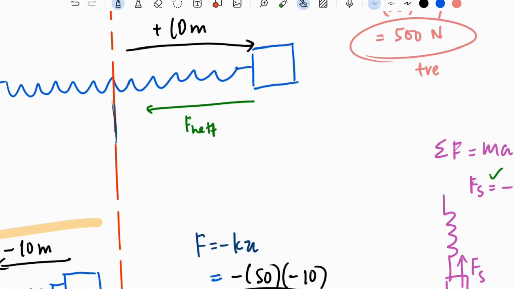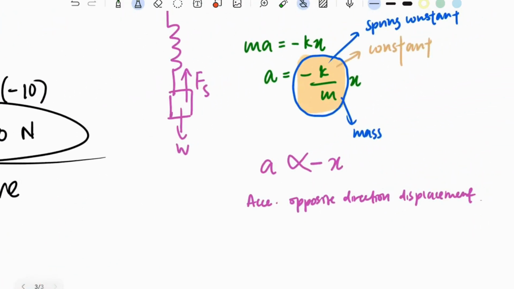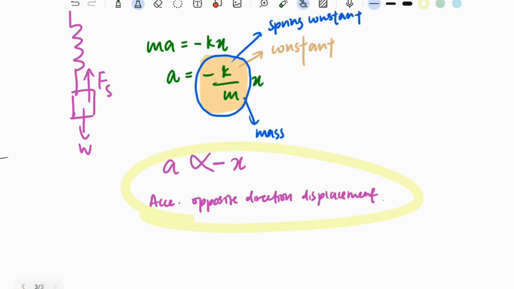And we know F equals ma, so your a is also acting in the same direction as the net force. As you can see here, your displacement is acting to the right, while your acceleration is acting to the left. They are in opposite directions. So this proves that acceleration is directly proportional to displacement and they are in opposite directions.